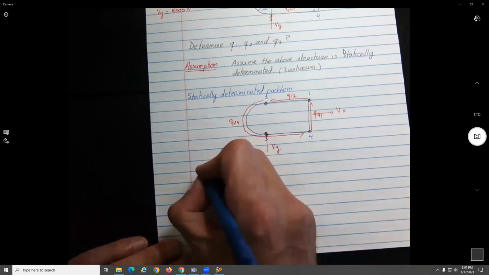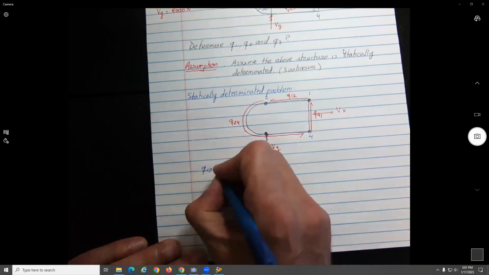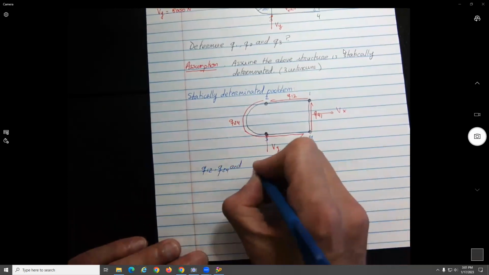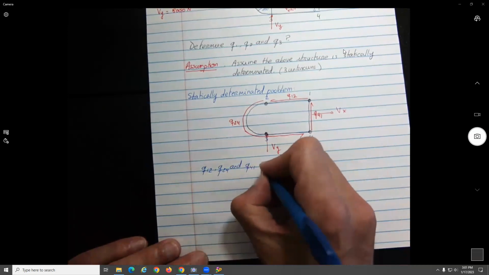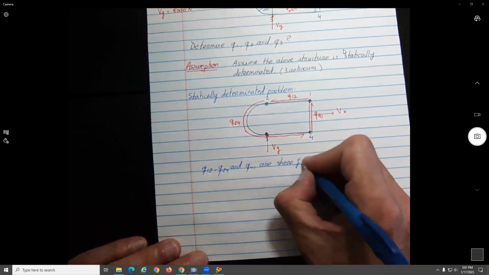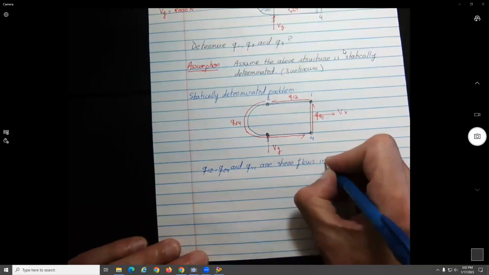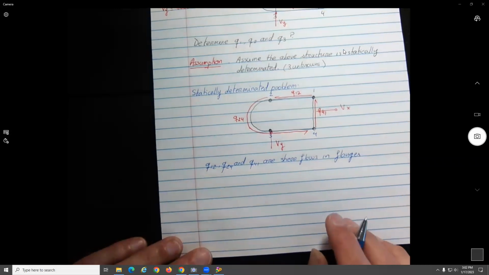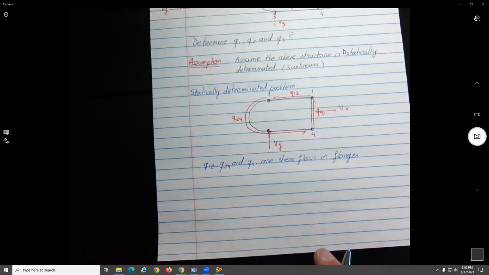Okay, so you want here Q12, Q24, Q41, shear flows in flanges, or flanges in this case, I think is the best word, and not stiffeners, because they're the main members of the structure.